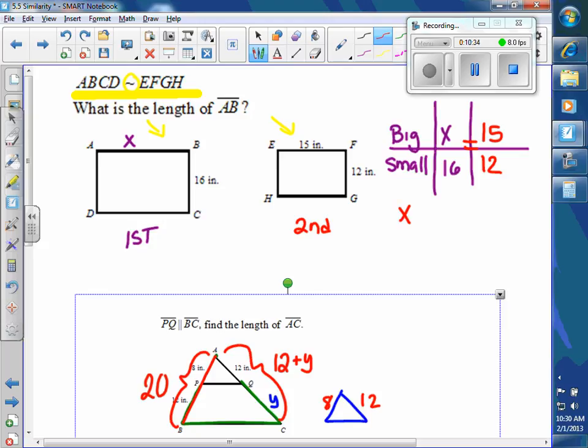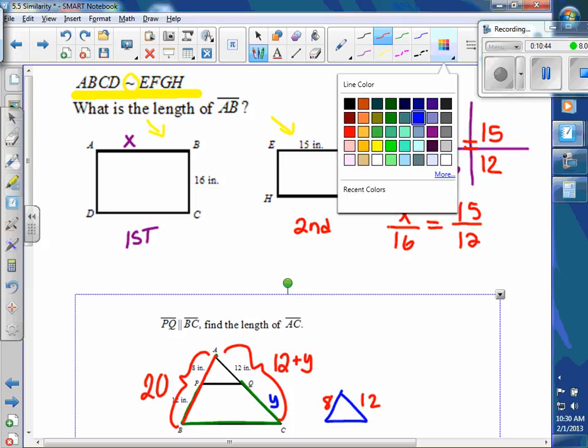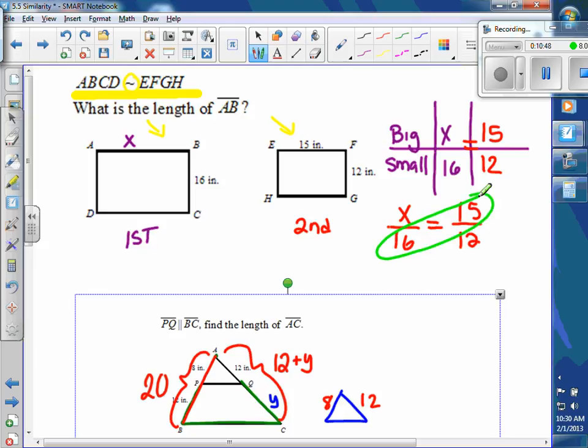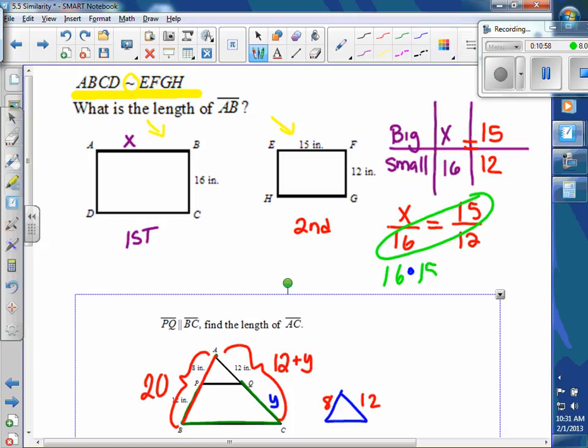So you have x over 16 is equal to 15 over 12. So to solve that ratio proportion, you're going to cross multiply. 16 times 15 is equal to 12x.